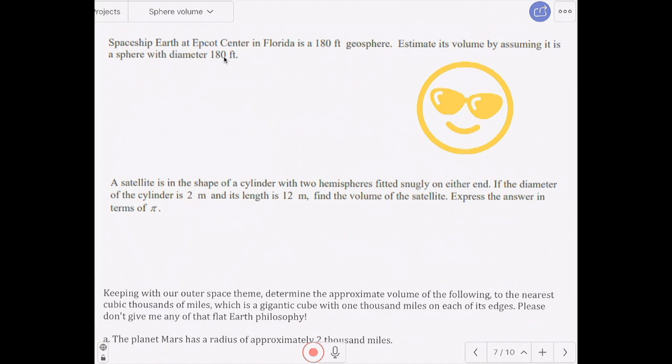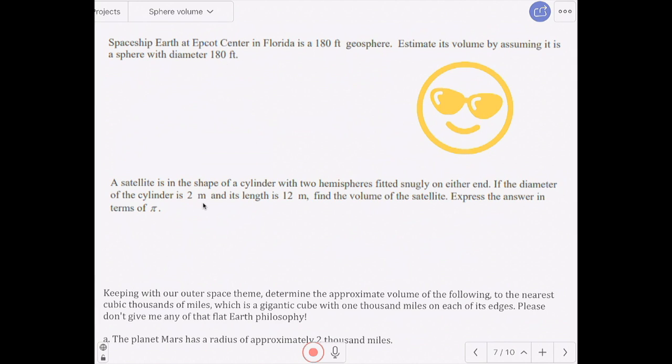It says that the diameter is 180 feet across. So the formula for the volume of a sphere does not have D in it; it has R. So you're going to have to make sure you take care of that properly.